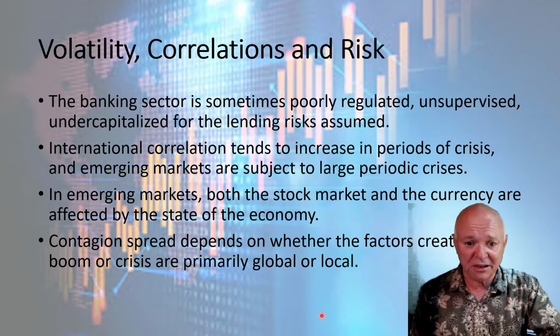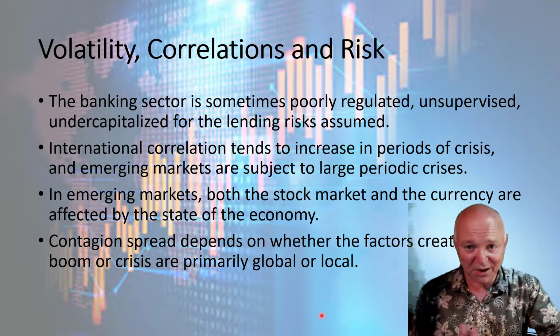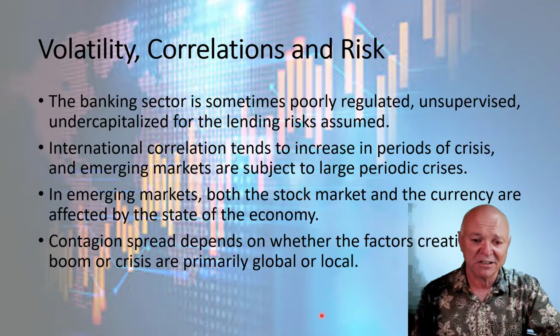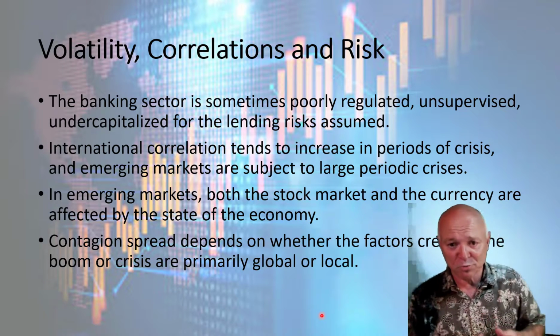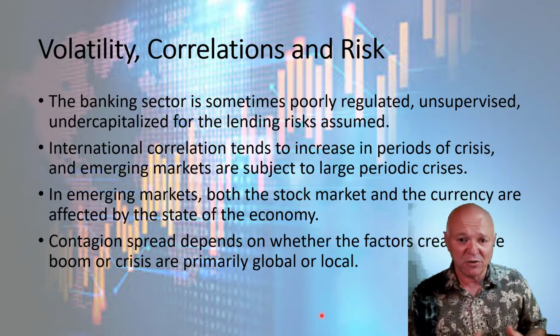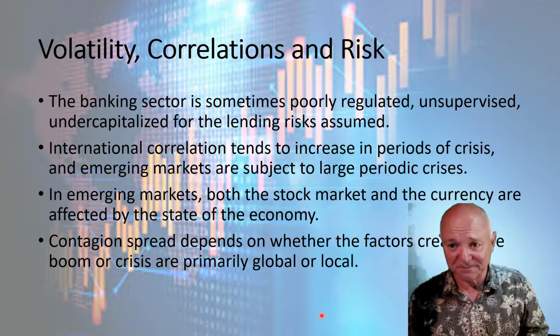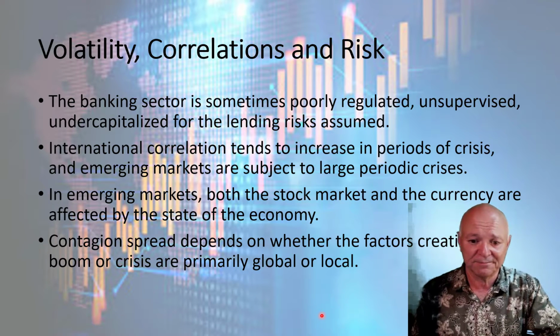We also see, and we have seen, that international correlation tends to increase in periods of crises, and emerging markets are more likely to have those periodic crises. If we have a Russian ruble crisis or an Argentinian peso crisis, essentially that creates worldwide instability that results in an increase in that correlation.